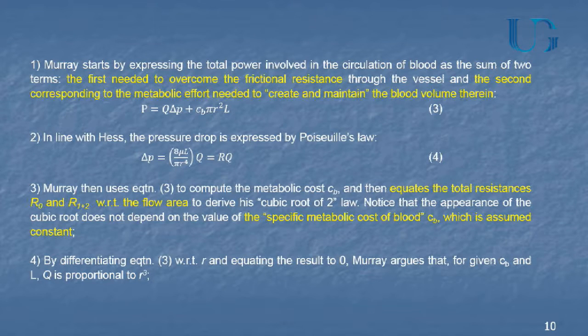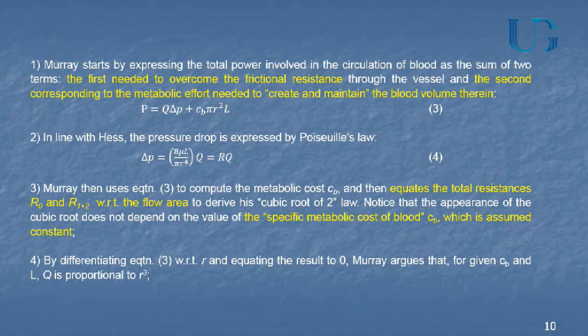Okay? So then he says, I derive from here the cost of blood assuming a certain metabolic rate. Okay? Because he knows how many watts or calories per day we use, and he derives the cost of blood.